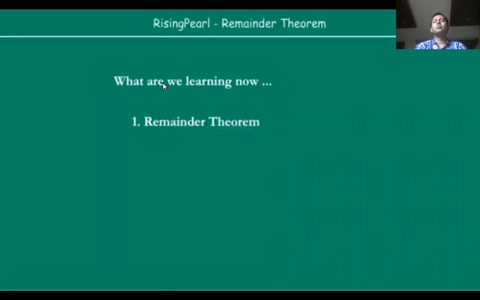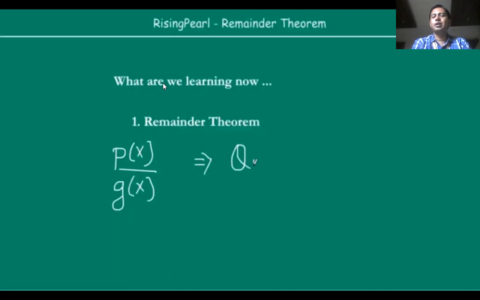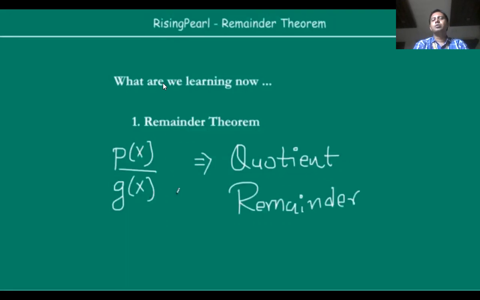In remainder theorem, if we are dividing a polynomial of degree 1 or more than 1, say we are taking a polynomial of degree 2, by another polynomial, say px is divided by gx, where px is dividend and gx is divisor, we will get a quotient and a remainder.